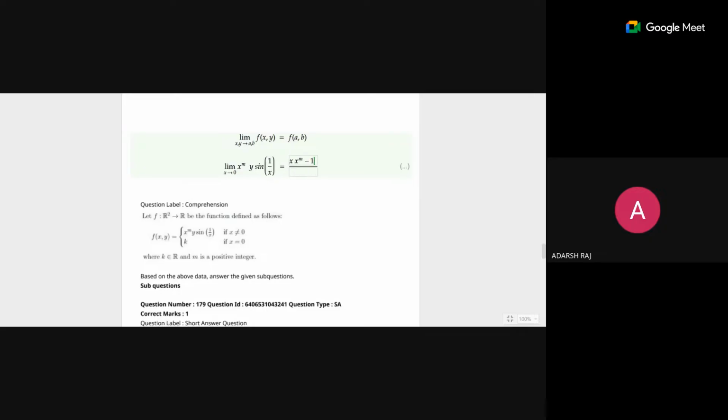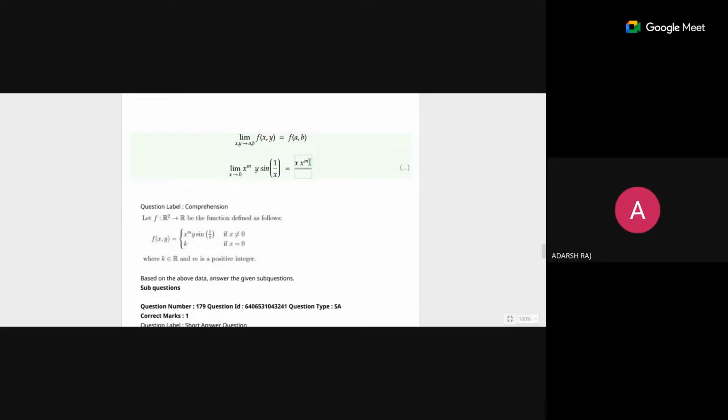Can I write x to the power m like this? If you add the two powers of x, we get m, right? Yes, sir.